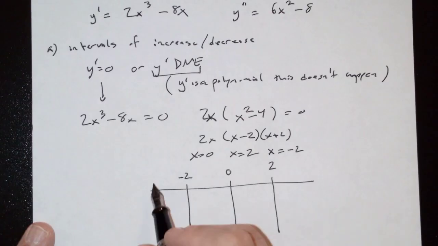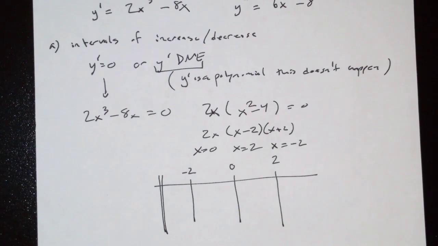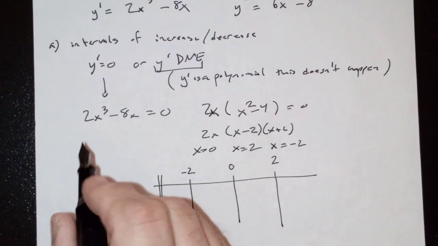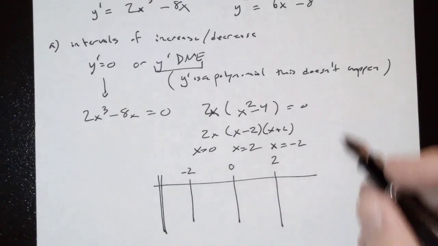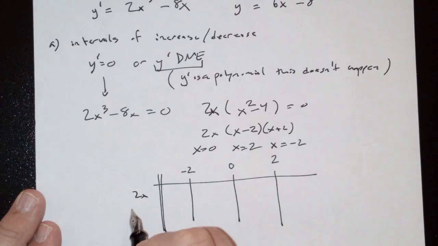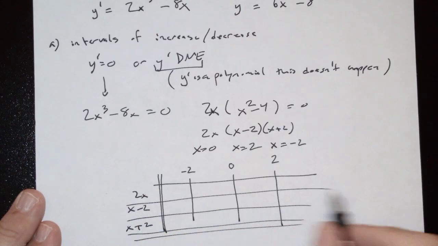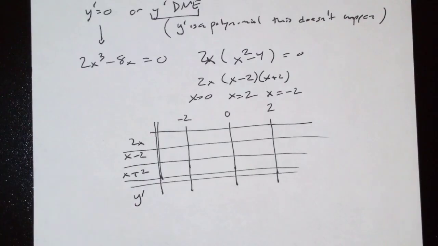Your choice on how to assemble this sign chart. You can either do each factor separately, or you can just go directly into the whole first derivative. I'm going to do each factor separately. I think that's easier. So I make a line for each one. And I multiply these together to get y prime.